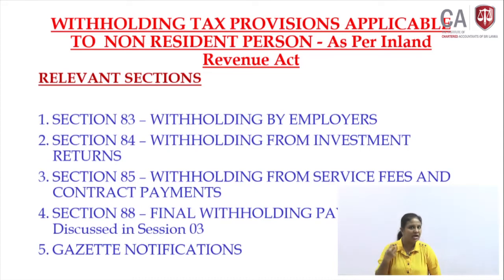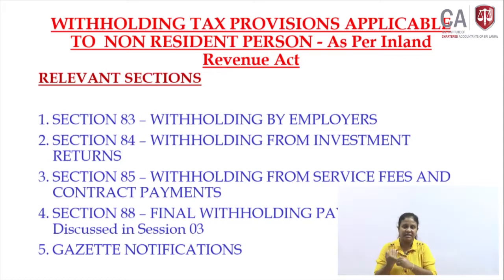Though we don't have withholding tax provisions in the double taxation treaty, finally the double taxation treaty supersedes the Inland Revenue Act. Clear? Therefore, before going to the double taxation treaty, we should know the provisions of the Inland Revenue Act, because one part is the Inland Revenue Act and the second part is the double taxation treaty.